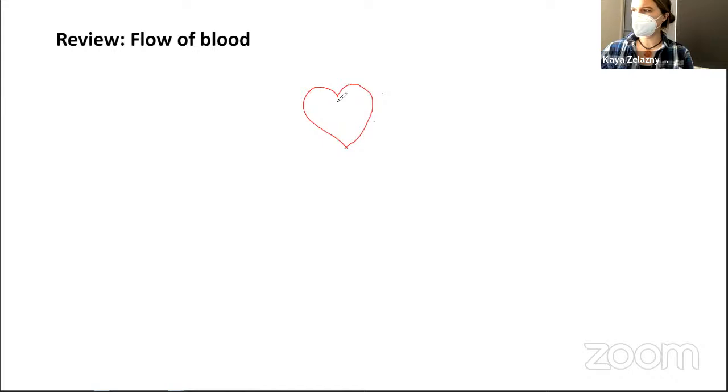We're not going to worry about valves or anything right now, but we do want to remember just kind of the order of flow. Okay. So when we start out with our blood flow, what's this location called here? Yeah, our right atrium.